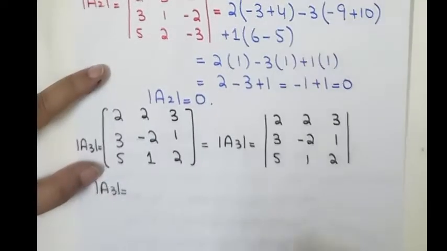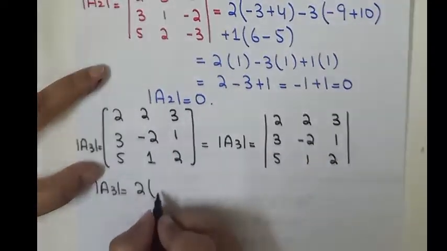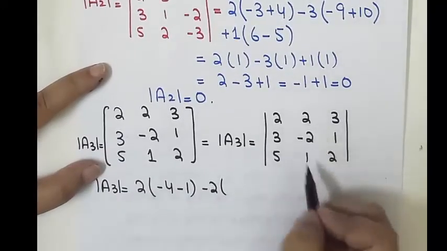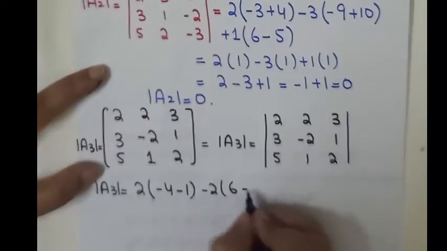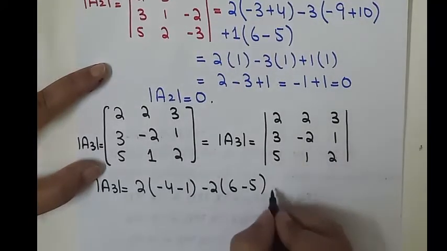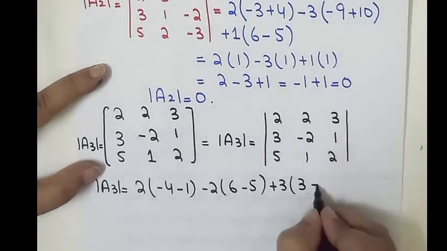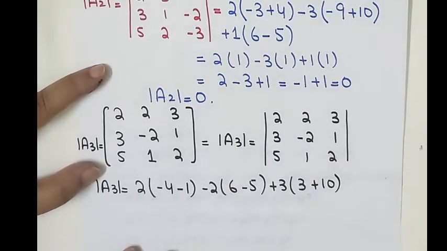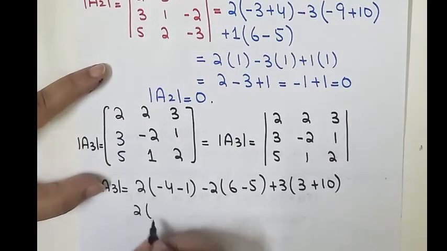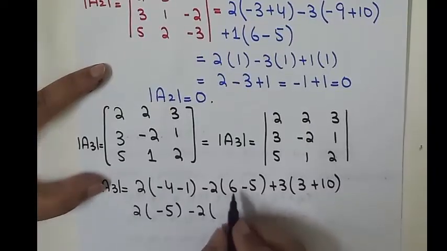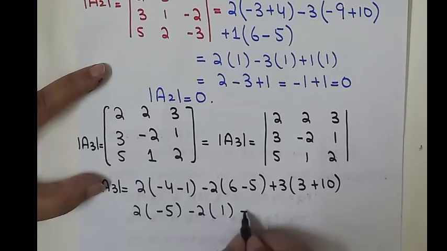So A3 is equal to 2, minus 4, minus 1. Minus 2, then we have 3 2 times is 6, 5 1 times is 5. Plus 3, now we have 3 1 times is 3 plus 5 2 times is 10. 2 minus 4 minus 1 is minus 5. Minus 2, 6 minus 5 is 1.